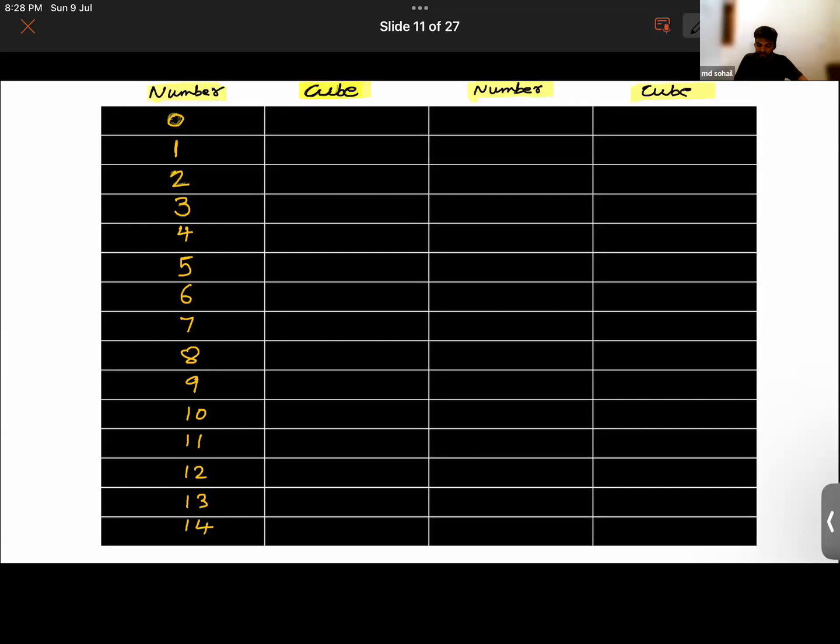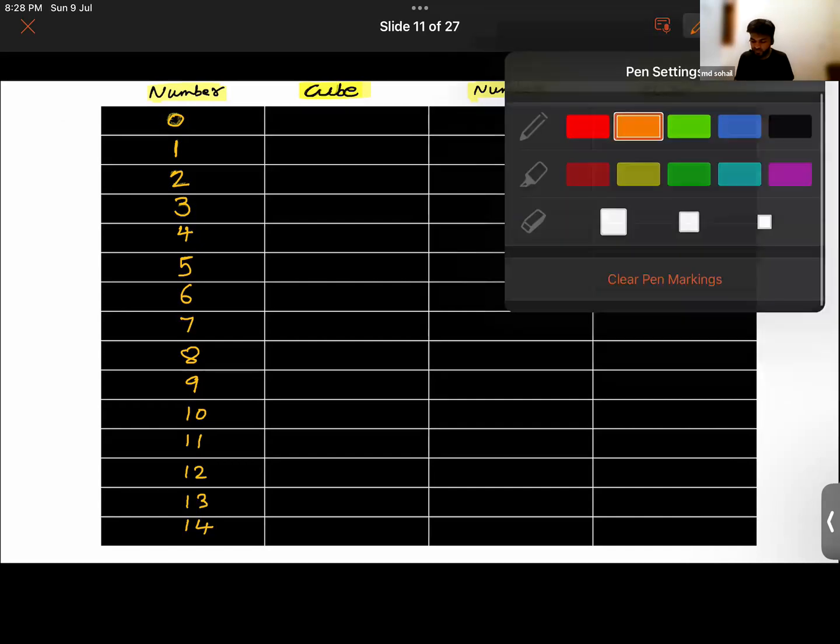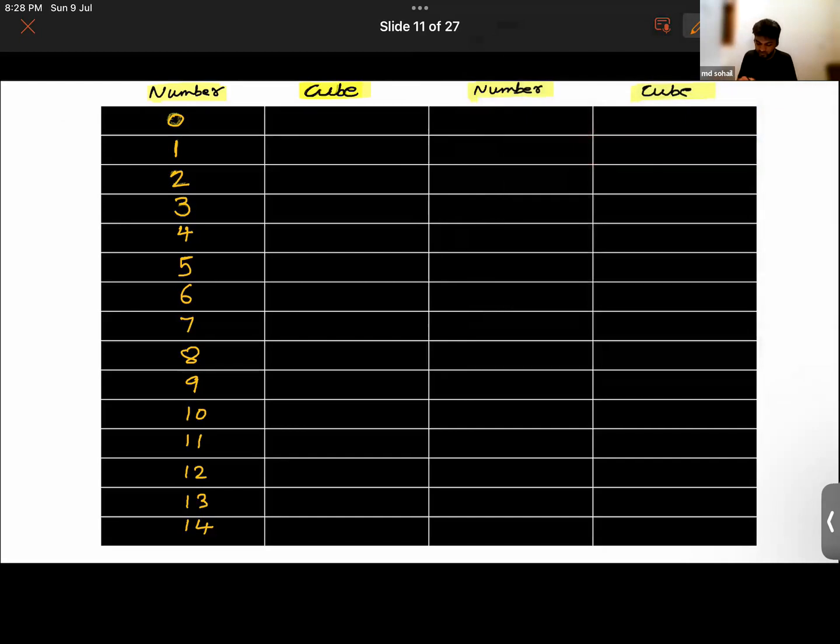Okay. So your task is to write the numbers from 1 to 20 and write their cubes as well. Not right now, that will be your assignment. From 0 to 14 and then from 15 to 20, up to 29, you have to write its cube.